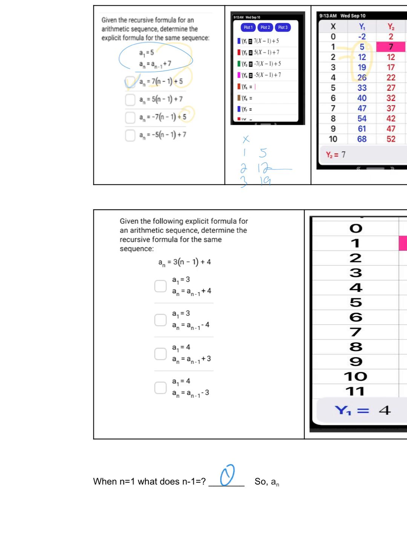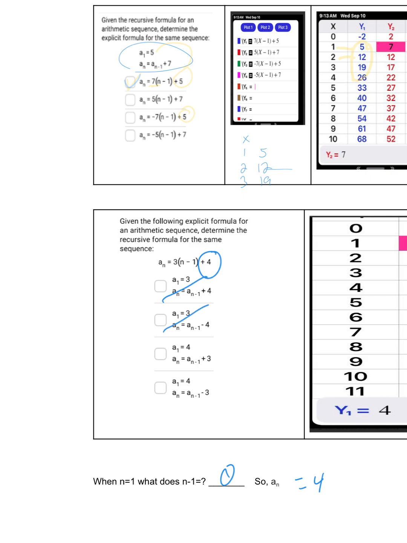So a sub n for this equation, all that's left would equal 4, the first term, because 0 times 3 is just 0. Which two can I omit? Opposite. So what's our first term? 4. And so it's not 3. So a sub 1 doesn't equal 3. It's going to equal 4.